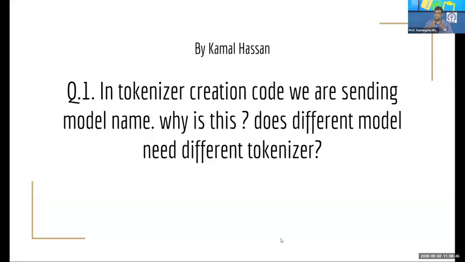This vocabulary tells you how many token embeddings there will be, because the number of token embeddings is the number of tokens in a model. So GPT may have, let's say, 2 million tokens. Claude may have 3 million tokens.